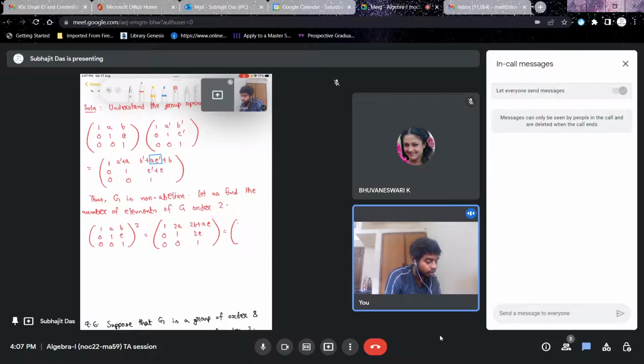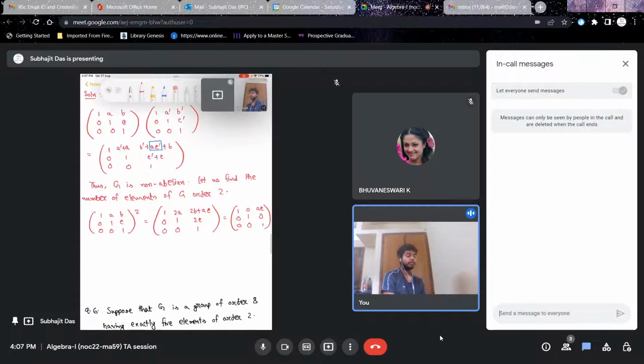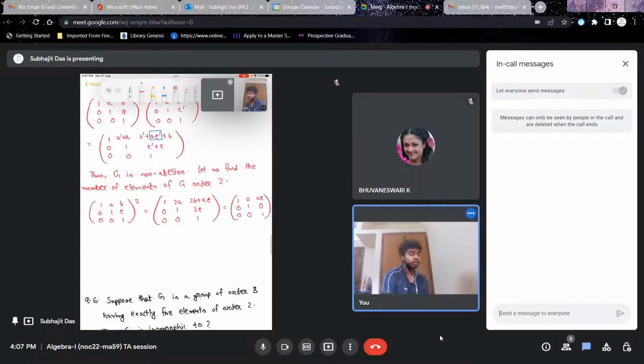So we have 1, 0, AC on the top row, with 0, 1, 0 and 0, 0, 1 below. For this to be the identity matrix, we just need AC equal to 0. Thus the matrix squared is identity if and only if AC is equal to 0.